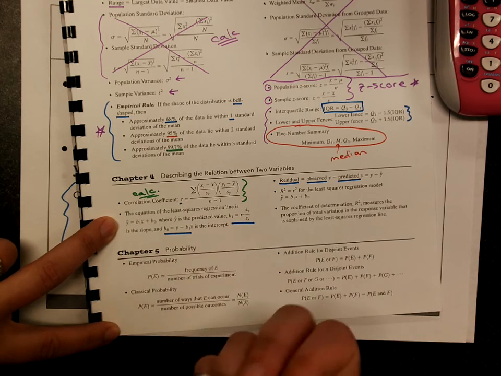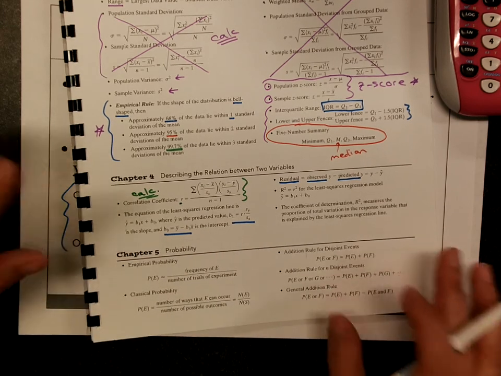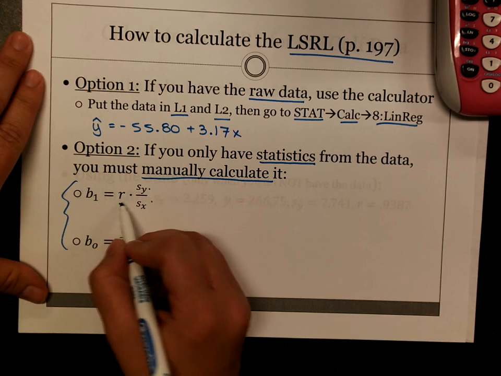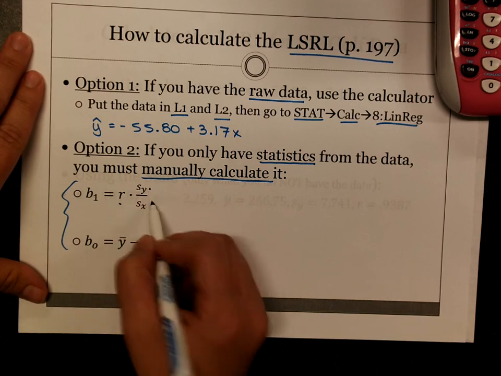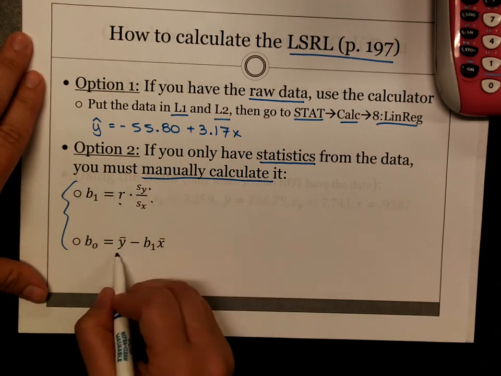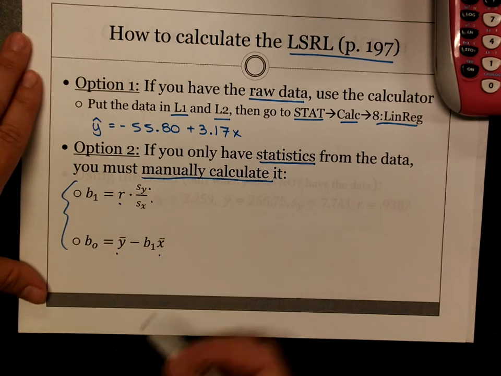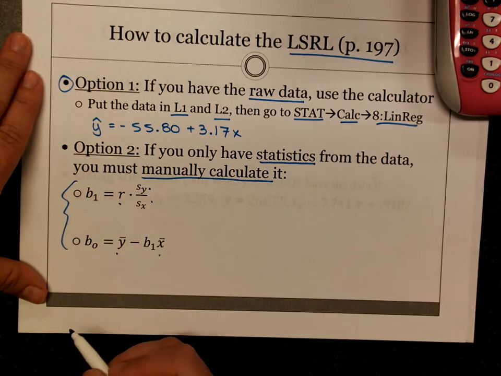It's a little tedious, but it's just kind of a calculation. It will give you R, the standard deviation of Y and the standard deviation of X, and Y bar and X bar, and you just plug and chug. Most of the time you'll be able to use option 1. I think there's a couple in the homework where you have to use option 2.